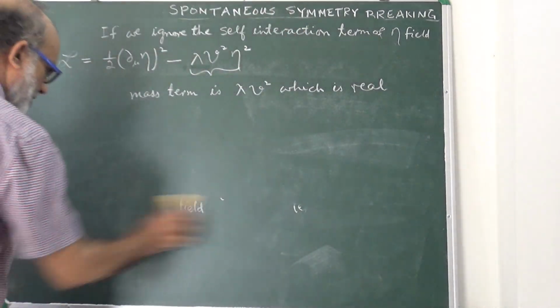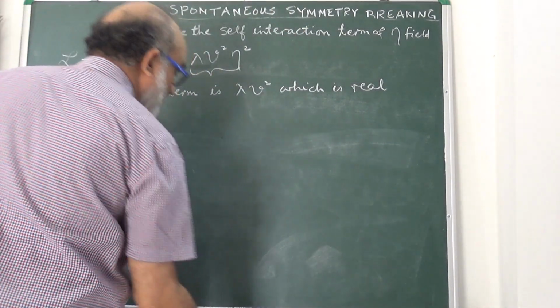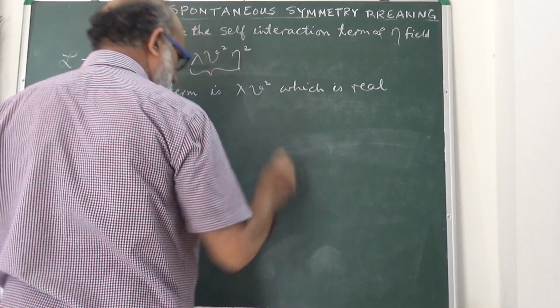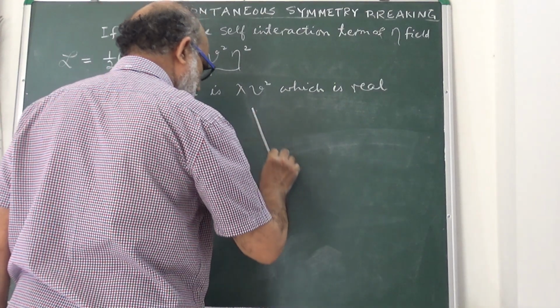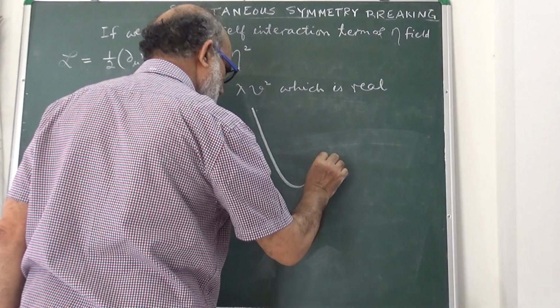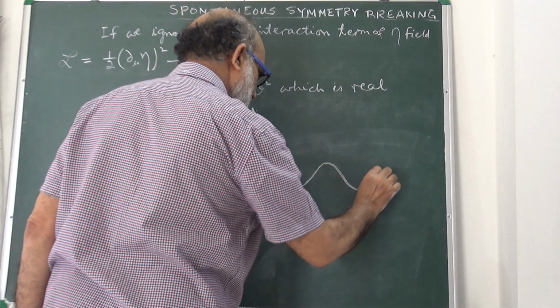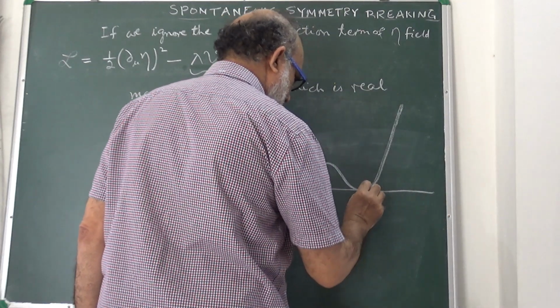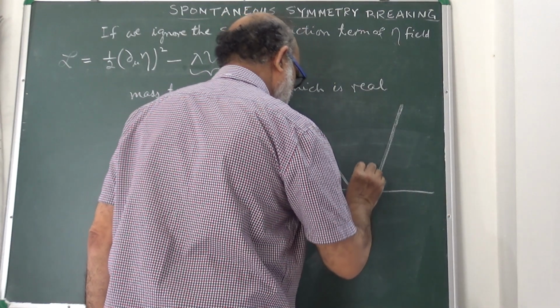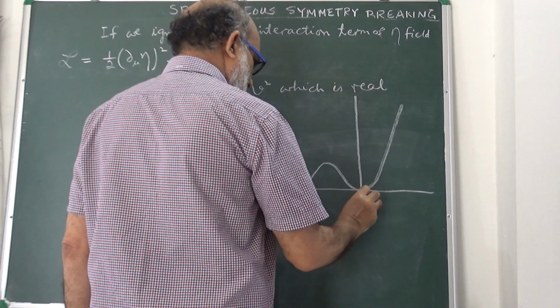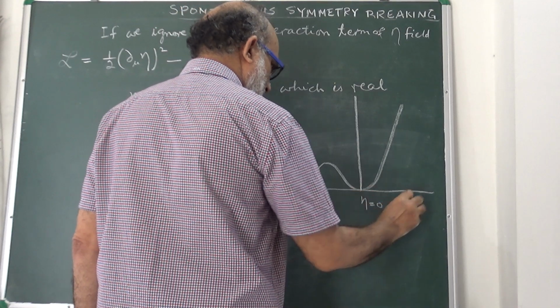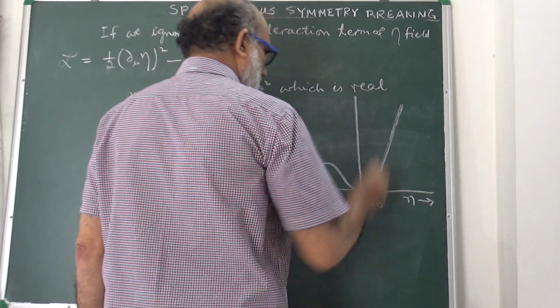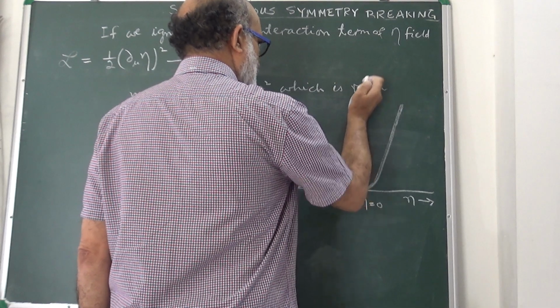We assume the potential field like this, a cup type. Take the value of the field to start here, eta equal to 0, eta rises, and this is the potential energy part.